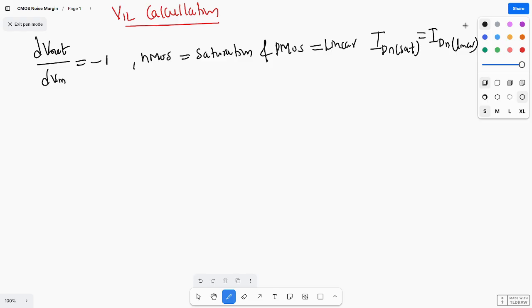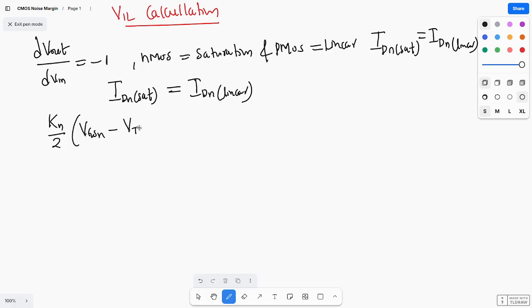So what can I write? ID saturation is equal to ID linear region. So I am writing the current equation. This is Kn by 2 in saturation region, (VGSN minus VTN) whole square, that is equal to, I am writing this one in linear region, IDP linear.